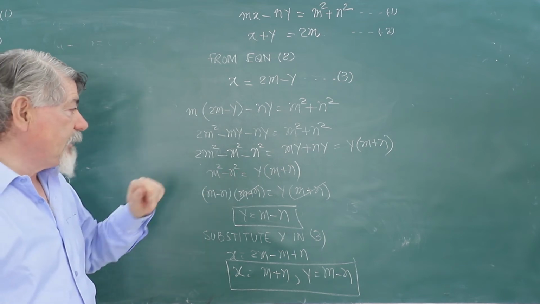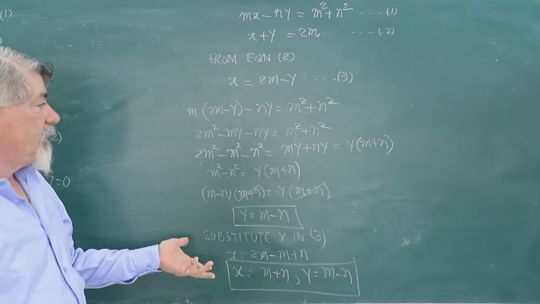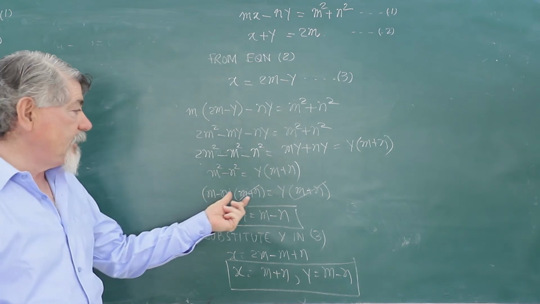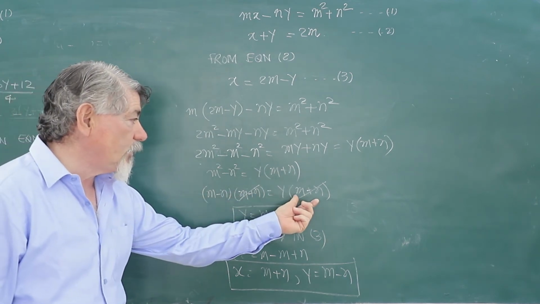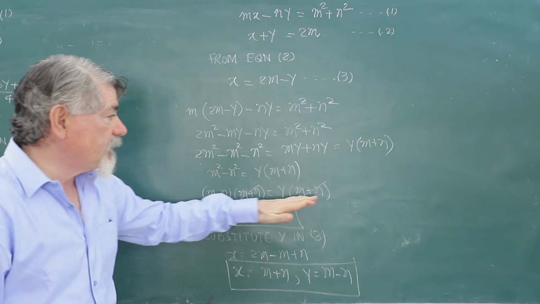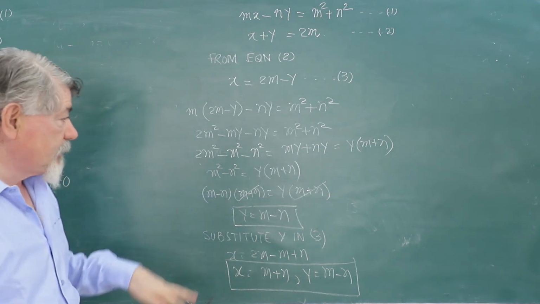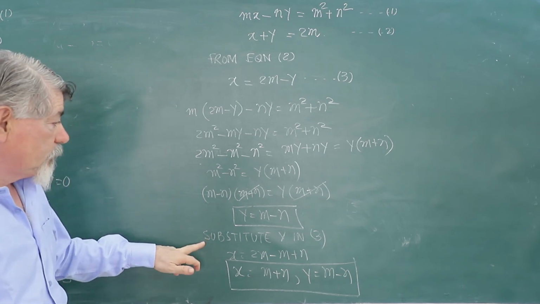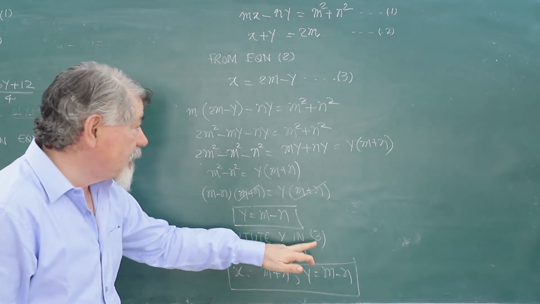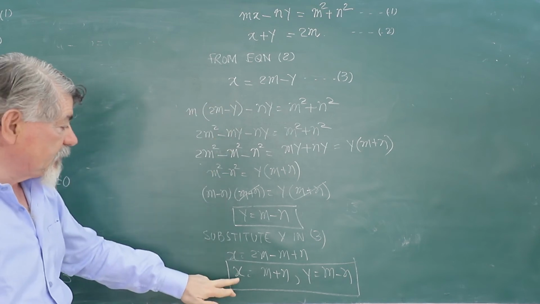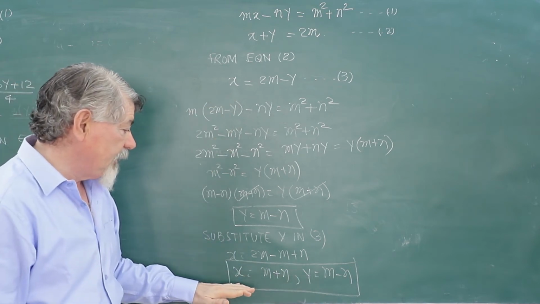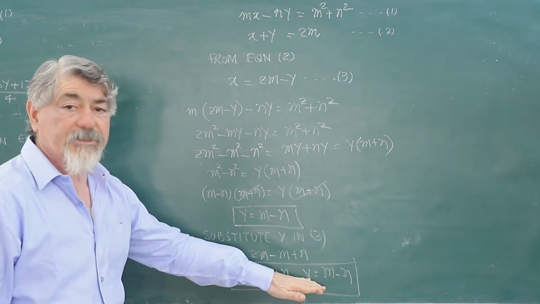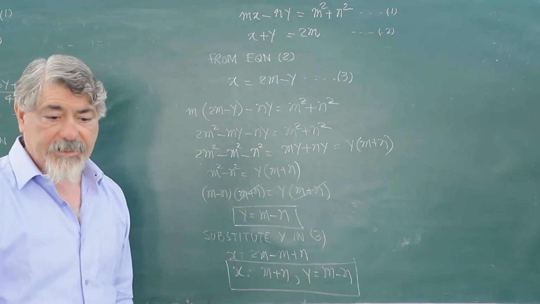That is m square minus n square, which I can clearly see has factors m minus n and m plus n, and here already m plus n is there, so m plus n into m plus n will cancel and you will get y as m minus n. So substitute y in equation 3, and from equation 3 we are getting the simplified form x is equal to m plus n, y is equal to m minus n.